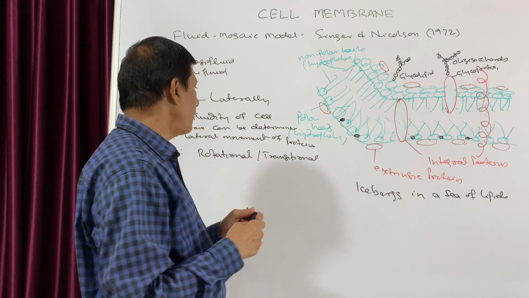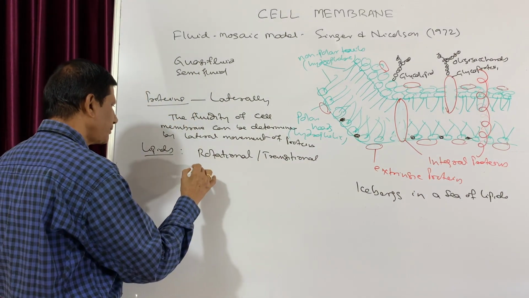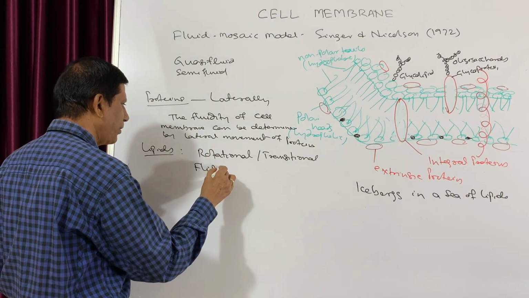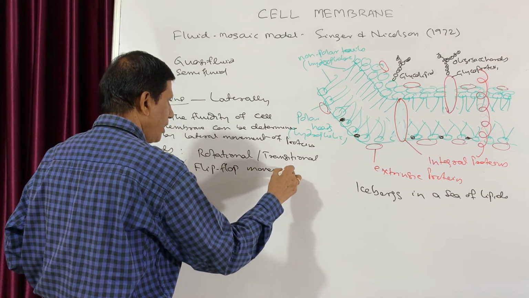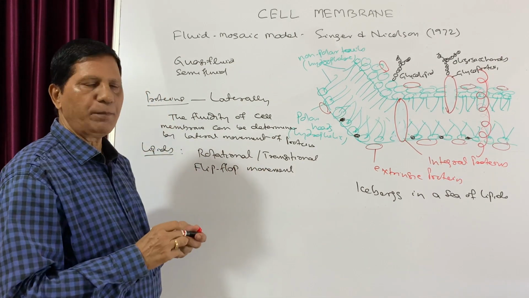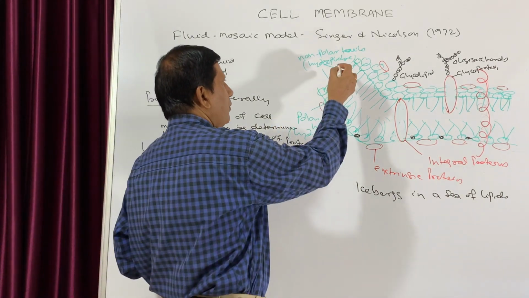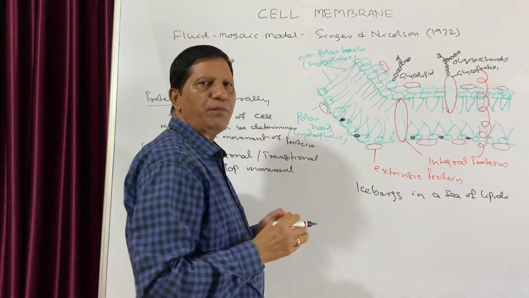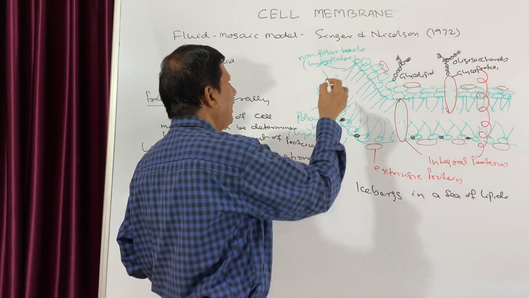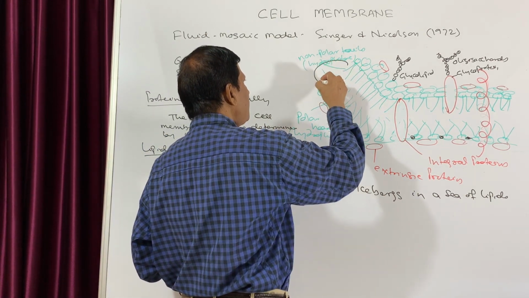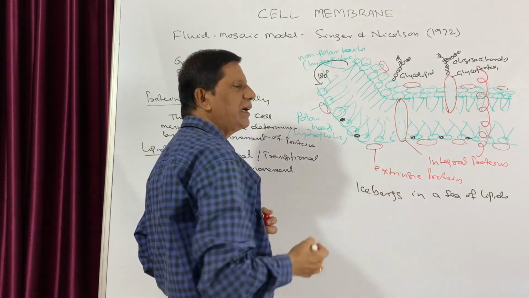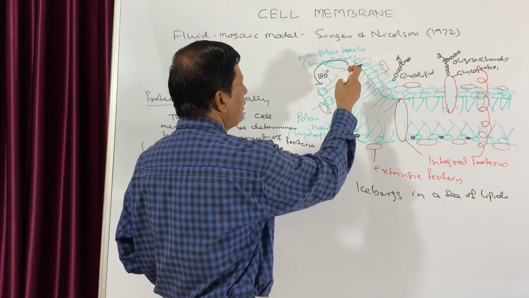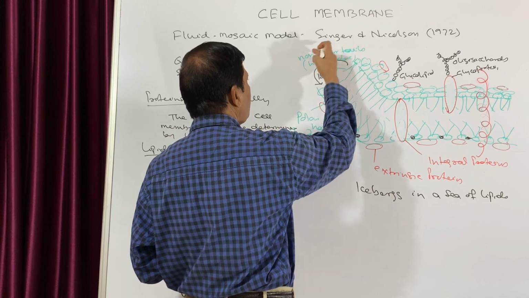Now the second movement is more important. That is known as flip-flop movement. Now in flip-flop movement, what happens? The phospholipid of one side comes to the other side by rotating 180 degree. That means this phospholipid will come to this side.